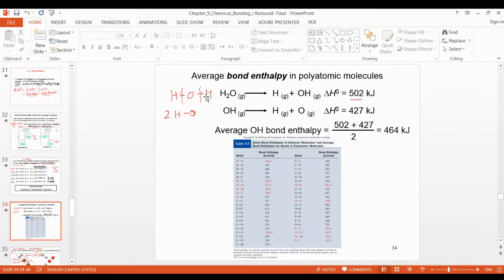So the bond energy is 502 for a single O-H; if you have 2 O-H, you multiply by 2 in the summation. Then the O-H is again split into H and O, so this is O-H and this is oxygen. So this is the difference. You can divide by 2, so for water in total you get 464.